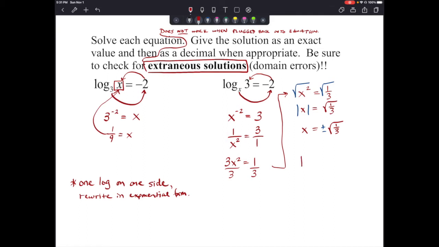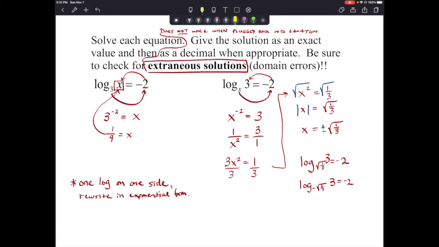But let's think about it for a moment. If we said log base square root of 1/3 of 3 equals negative 2, okay, that could make sense. Oops, I forgot the 3, sorry. Now it should make sense. But I can't write log base negative square root of 1/3, because we said the base always has to be a positive number.